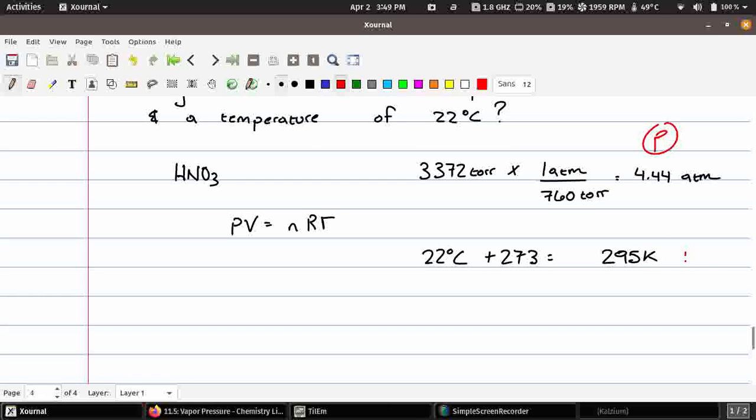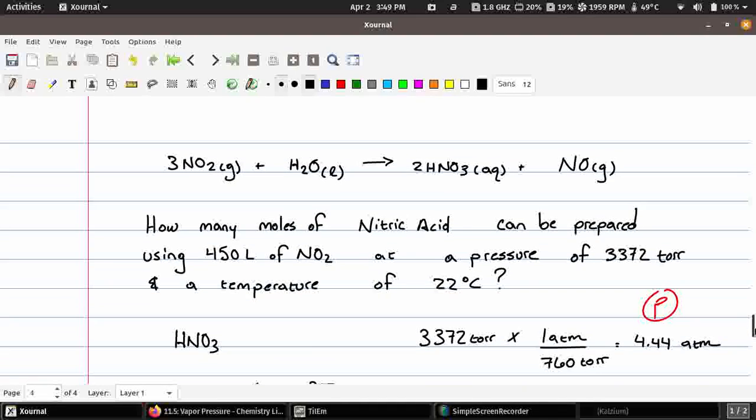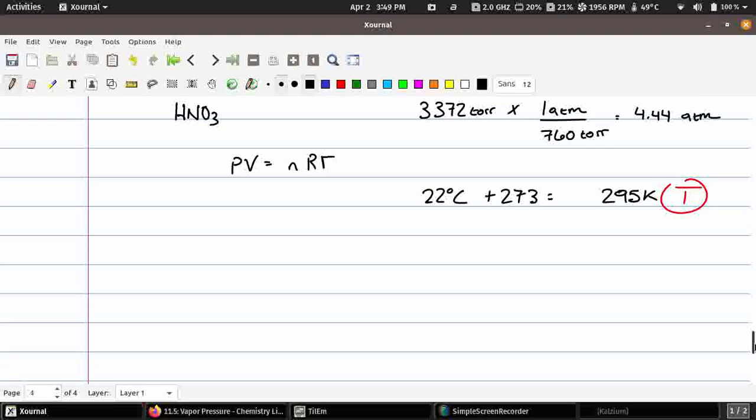So now we have T. Volume, we don't have to convert it, it's just 450 liters of NO2. So let's figure out how many moles of NO2 we have using this formula. We divide out RT, and then n equals PV over RT.